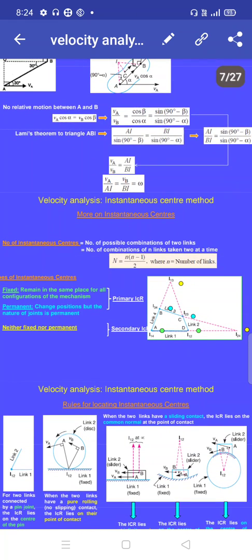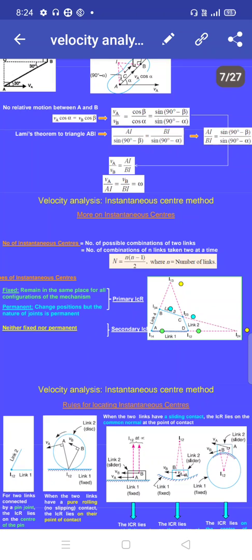Next we move on to the number of instantaneous centers, which is equal to the number of possible combinations of two links, that is, the number of combinations of n links taken 2 at a time. So capital N is equal to n into n minus 1 divided by 2, where n is the number of links. Instantaneous center types: the first one is fixed, remaining in the same place for all configurations of the mechanism.